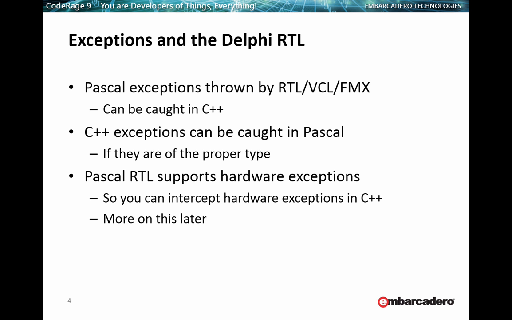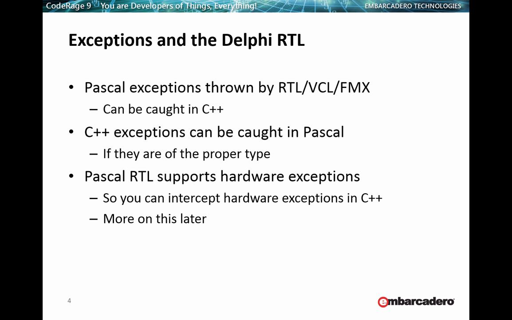Exceptions in the Delphi RTL. So in particular on multi-platform, we're not generally talking about just pure C++ apps. We're talking about hybrid applications that are using the Pascal component libraries, VCL, FMX, and also inherently the Pascal RTL.